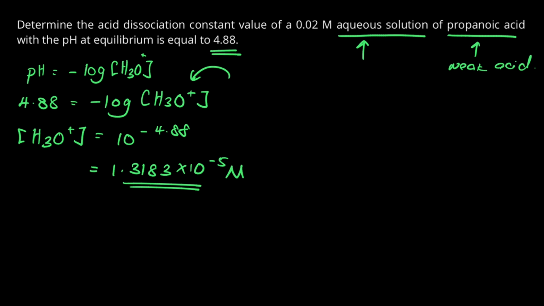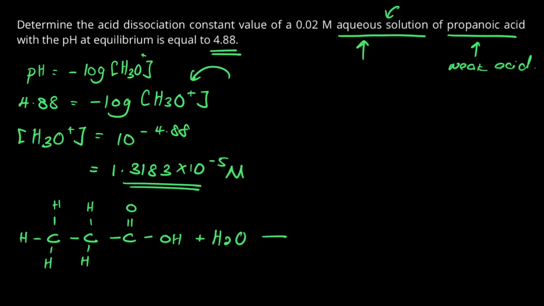Right. So I'm just going to explain to you why it is H3O+ instead of H+. This is propanoic acid, right? You should have 3 carbons, and because this is propanoic acid, you should have OH and a double bond O. In the question, it states that it is in aqueous solution, which means that you need to add water.